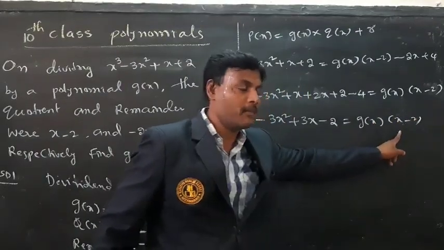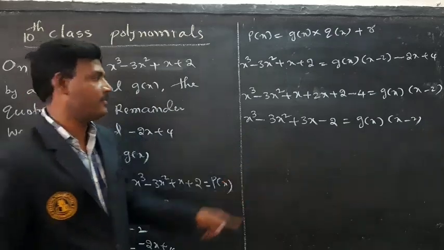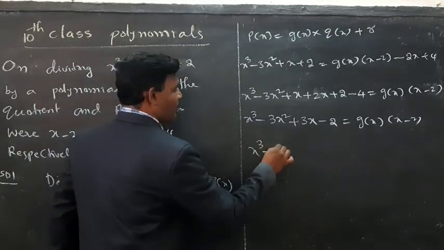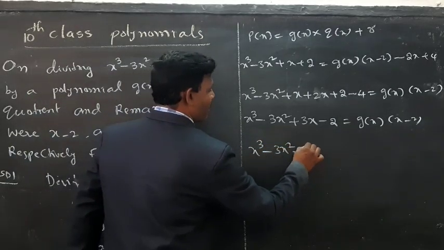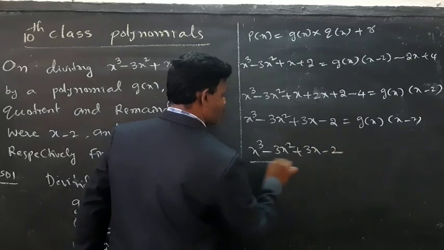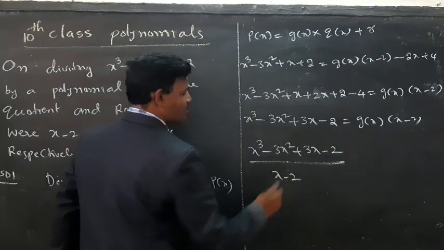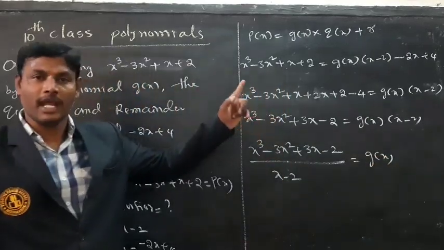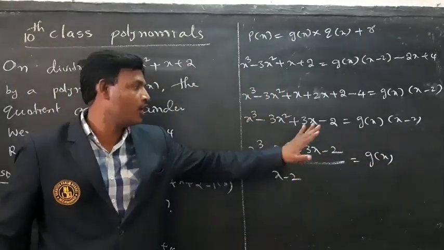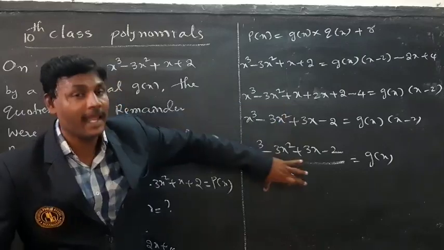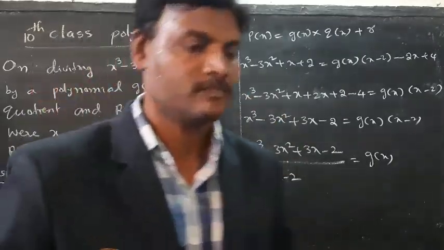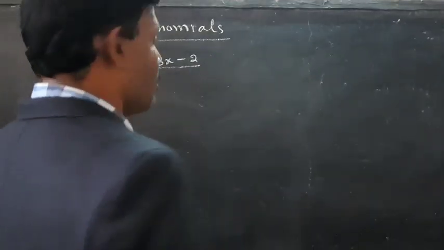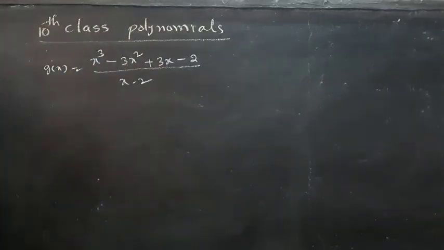Now x minus 2 I am transporting to the left side. x cube minus 3x square plus 3x minus 2 by x minus 2 is equal to g of x. So to get the value of g of x, we have to divide x cube minus 3x square plus 3x minus 2 by x minus 2.